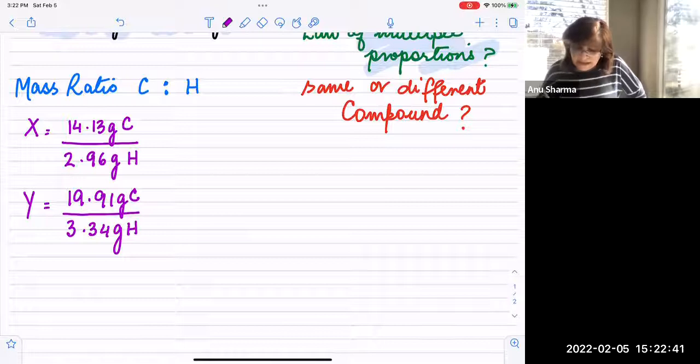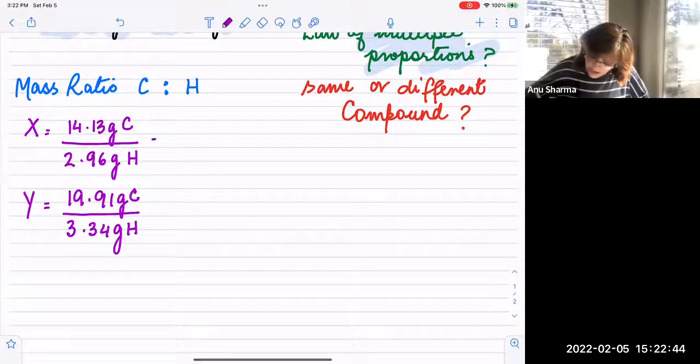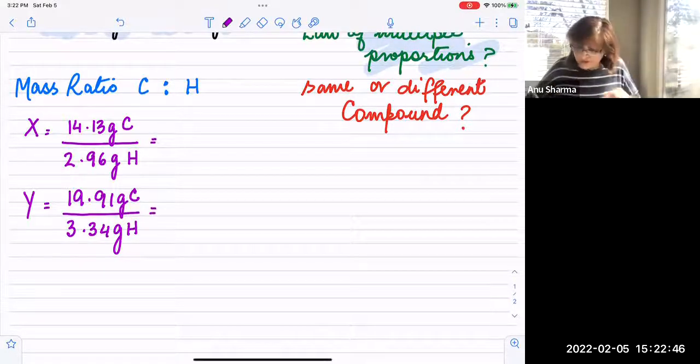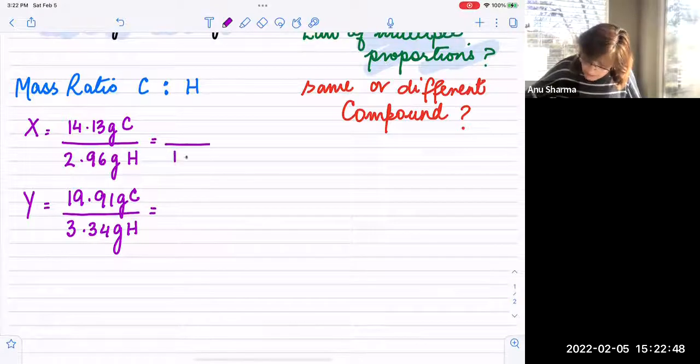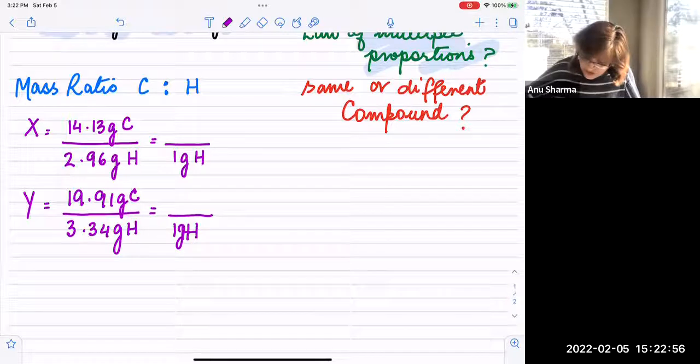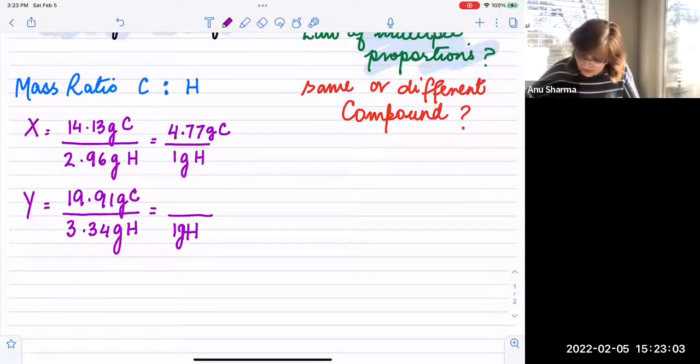Now, for the ratio, if there was 1 gram of hydrogen, when you solve this, for every 1 gram of hydrogen, in the case of X, we have 4.77 grams of carbon present. And in Y, we have 5.96 grams of carbon.